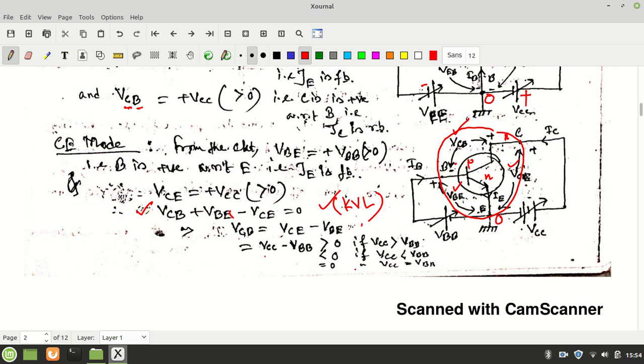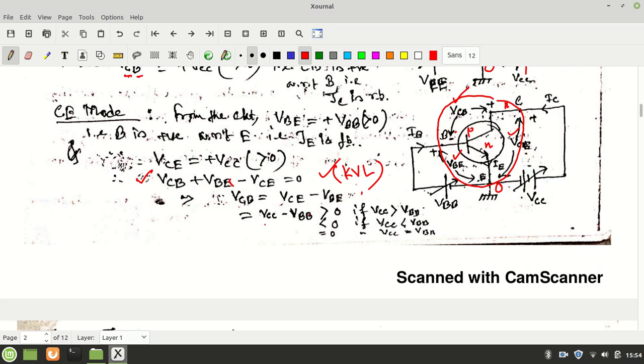If you make VCC greater than VBB, then this will be positive. So the collector will be positive with respect to base, which we need. That is why for normal operation in CE mode VCC is made more powerful than the VBB battery.